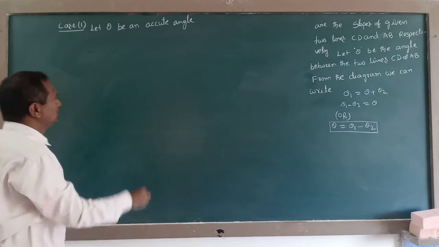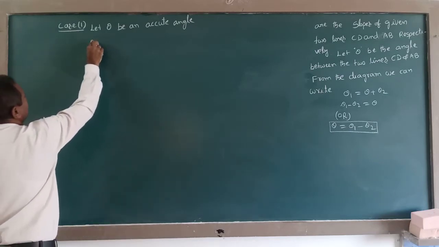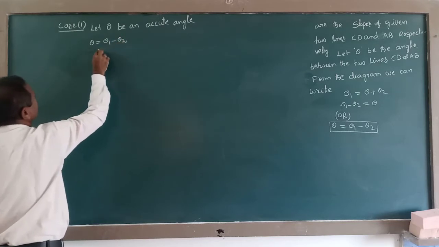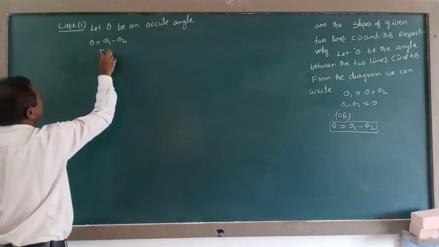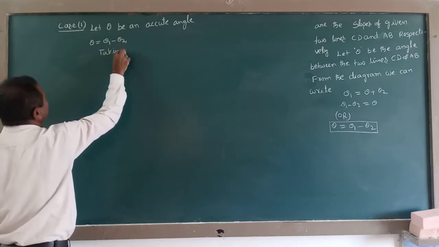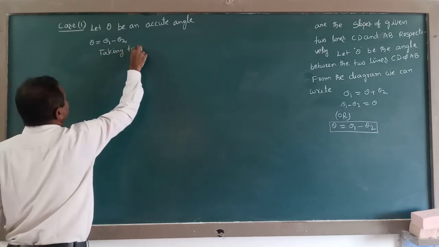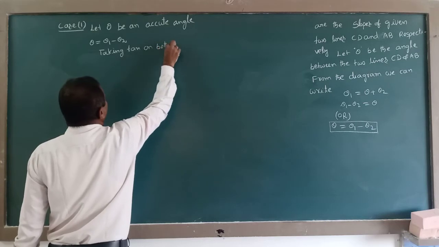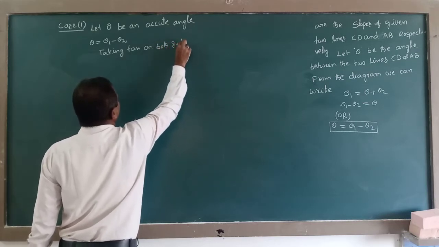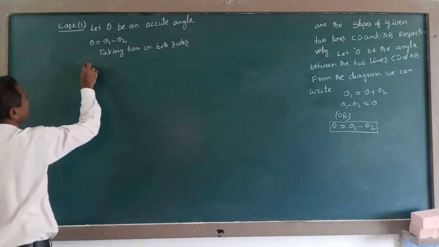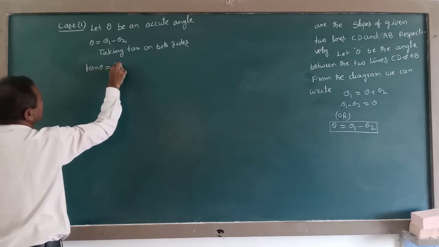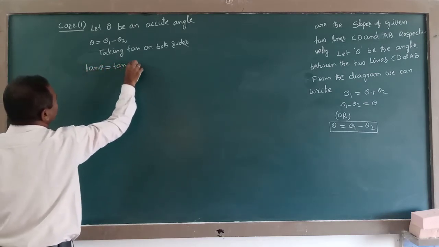That is, theta is equal to theta 1 minus theta 2. Taking tan on both sides, that is, tan theta is equal to tan of theta 1 minus theta 2.